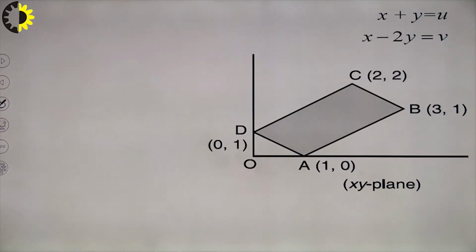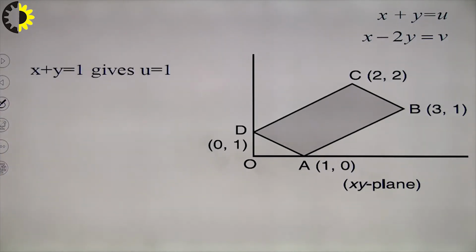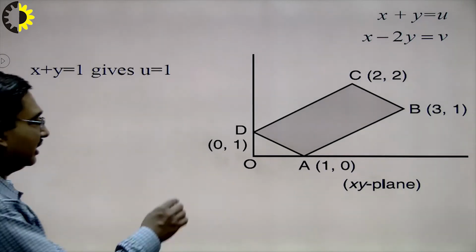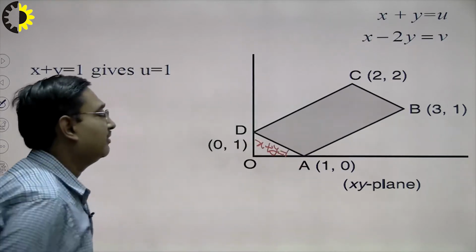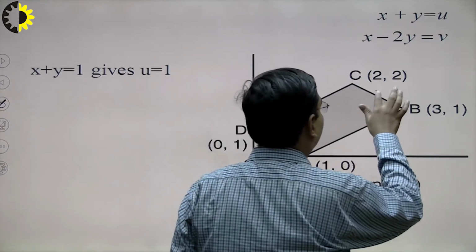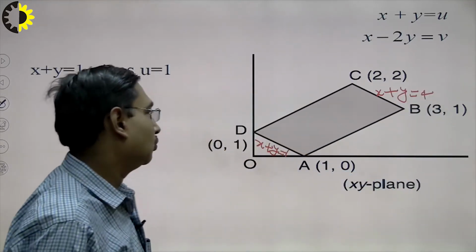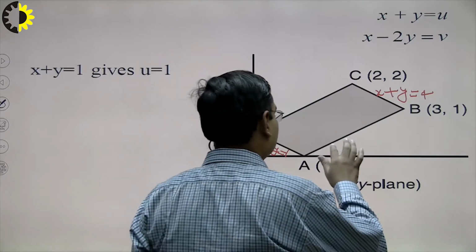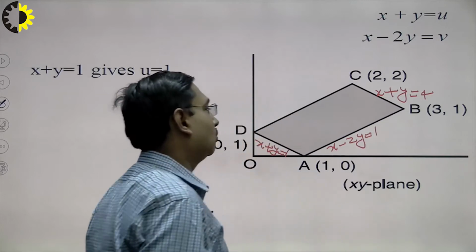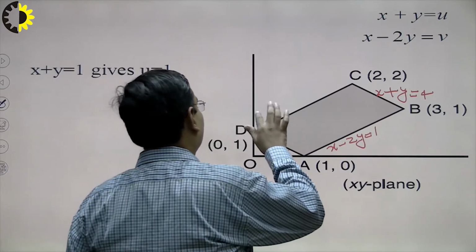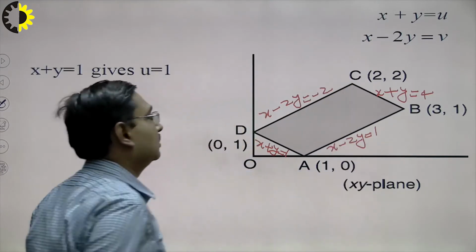Now, with the help of these boundaries and the given substitution, we shall find the limits of u and v. I write here the equations of the boundaries: x plus y equal to 1, x plus y equal to 4, x minus 2y equal to 1 and x minus 2y equal to minus 2.